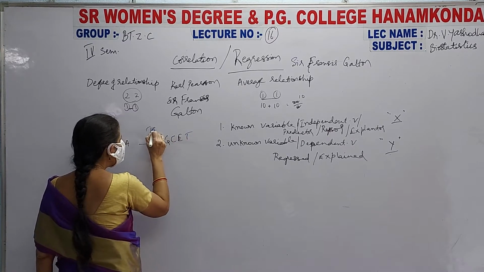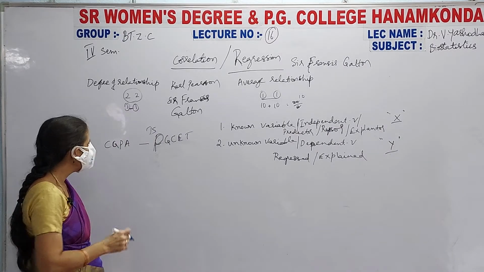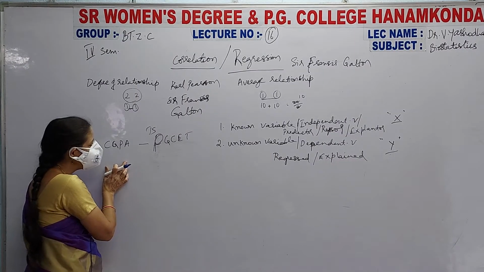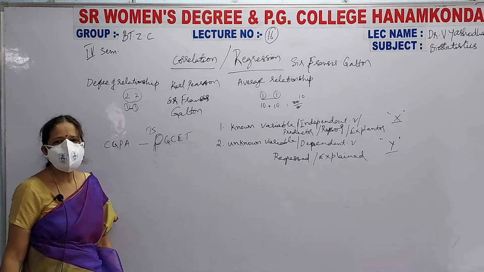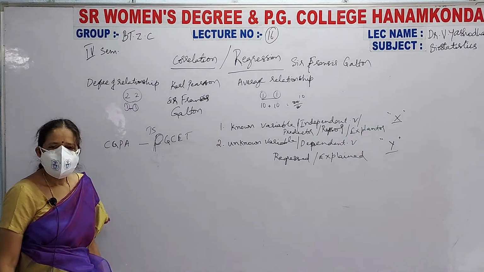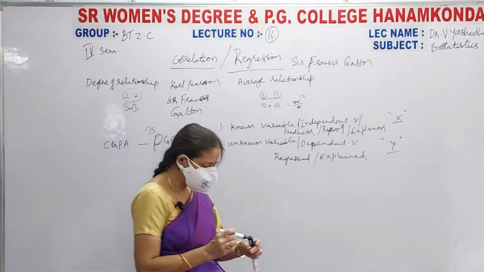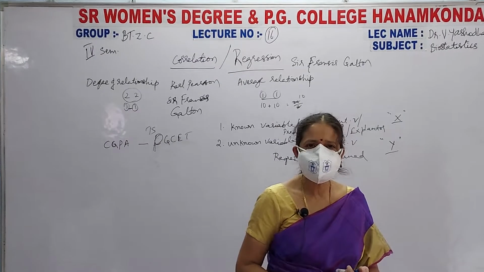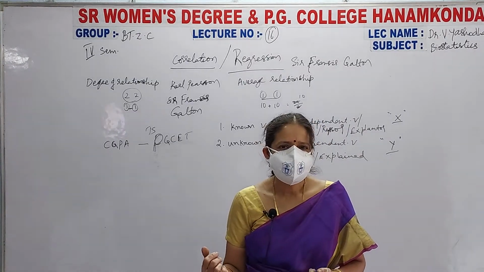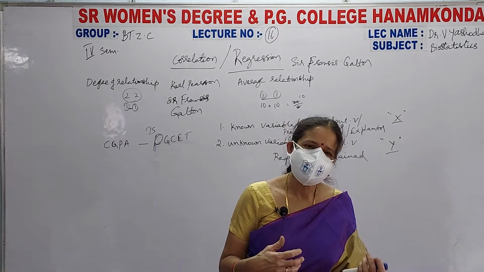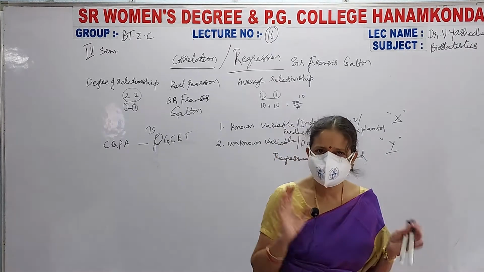Now we know that these two are interrelated to each other. If a student has a higher CGPA, the teacher will think that he will certainly get a PG seat, and the student himself and his family think that he will certainly get PG seat admission.